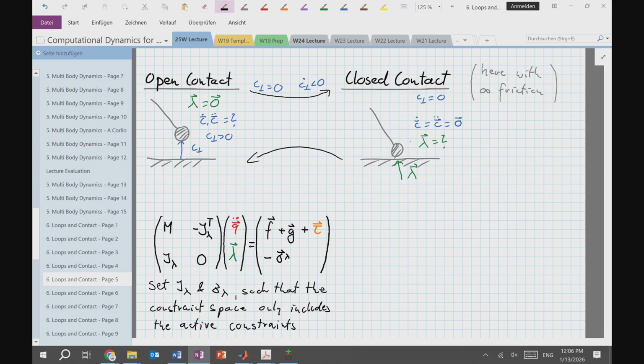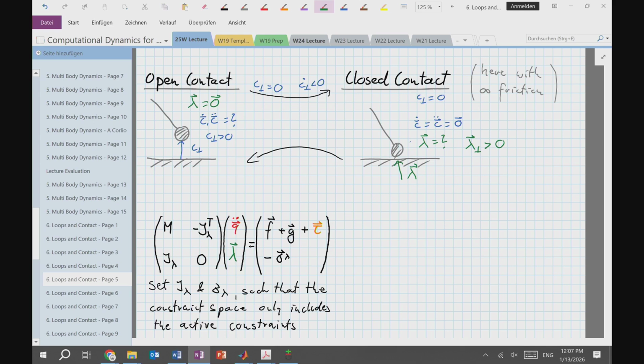And we can monitor lambda, and if it's close to 0, we open the contact. Exactly. Here on this lambda, there's also a vertical or normal component which has to be strictly positive. Because it's a unilateral constraint, the ground can only push against my foot. It can never pull. Right? This wall can push against my fist, but it can never pull against my fist.